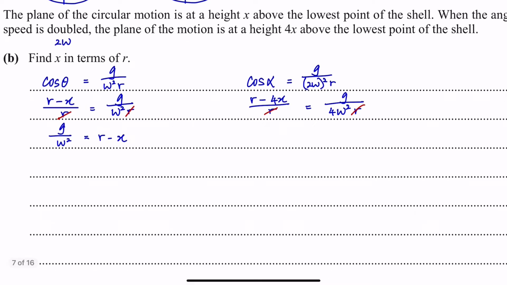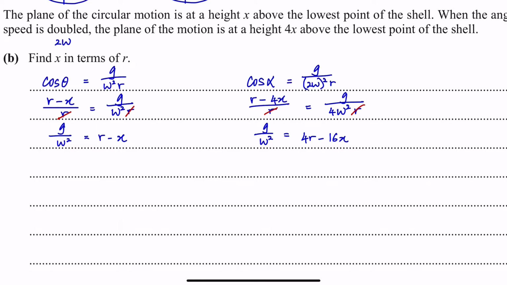And for the second situation, we can also write g over omega square as 4r minus 16x, because we move the 4 to this side, so we just multiply this whole thing by 4.